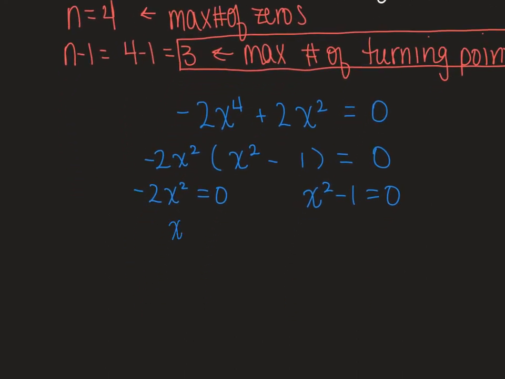So we're going to divide by negative 2, which gives x squared equals 0, and then take the square root. The square root of 0 is 0. So that is one of our x-intercepts, or our zeros, or our roots. All of those mean the same thing. Then we can solve the other one. We add 1 and take the square root.